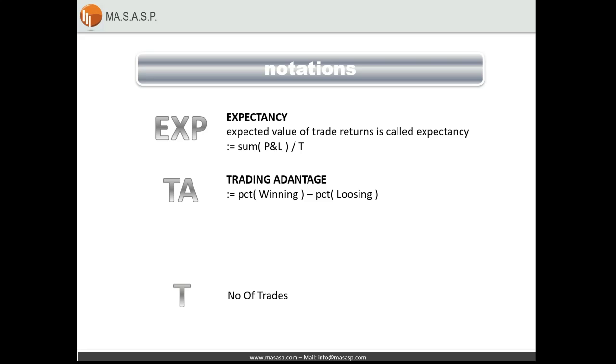With TA, we indicate the trading advantage. It tells us how many times the trades are winning compared to the times they are losing. It is the difference between the winning trade percentage and the losing trade percentage. The goal is to have a positive trading advantage. Finally, we have the payoff.